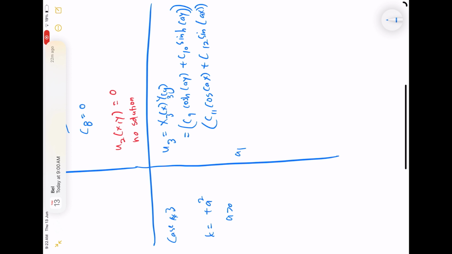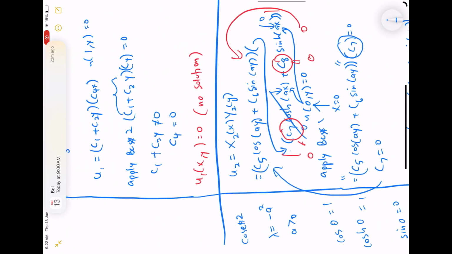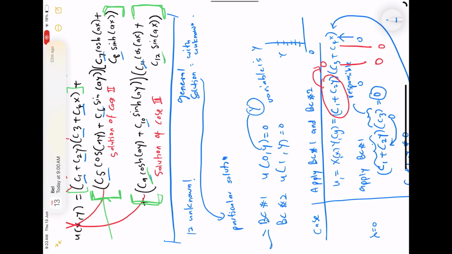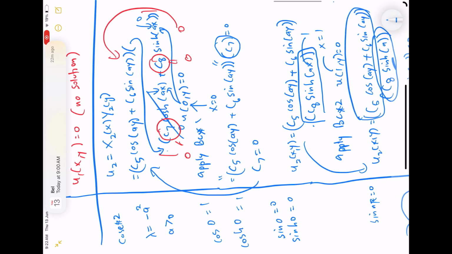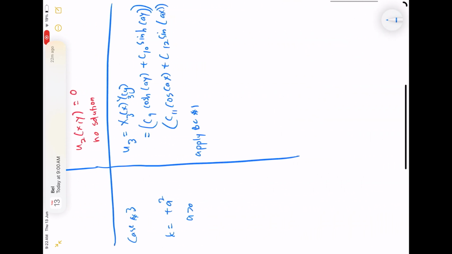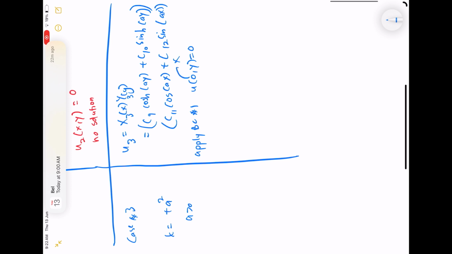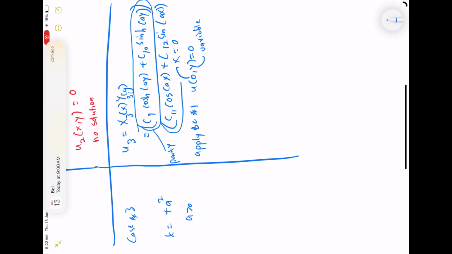Apply boundary condition number 1, which is u(0,y) equal to 0. So our x is equal to 0 and our y is the variable, so we cannot touch this y part. This is the y part, this is the x part.